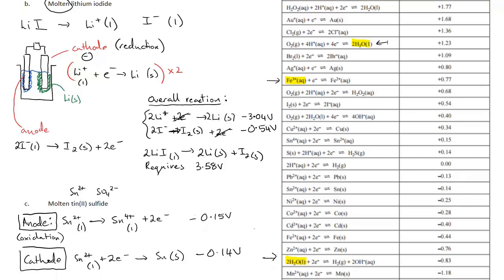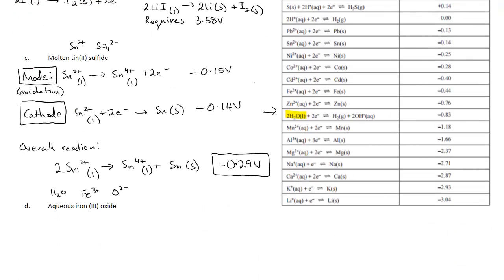So we know the two equations that take place. Iron is going to grab 3 electrons and is going to form iron solid, and this is at the cathode, because this is gaining electrons.